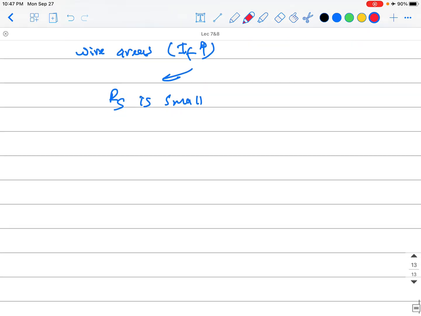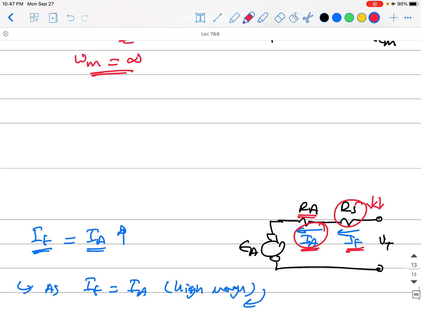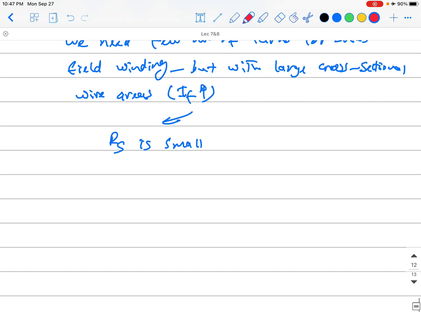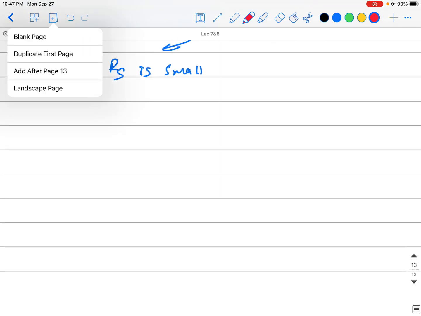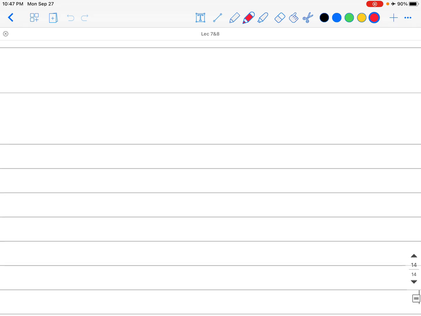Okay, guys? So it is just a way of thinking of how we design these windings. Okay, and that's the engineering principle of all of that. We don't just deal with equations and all that, but we also need to think all the time of the engineering concept behind this: how to design things, how large we need it, how small we need it, and it's all connected together with these physical concepts.